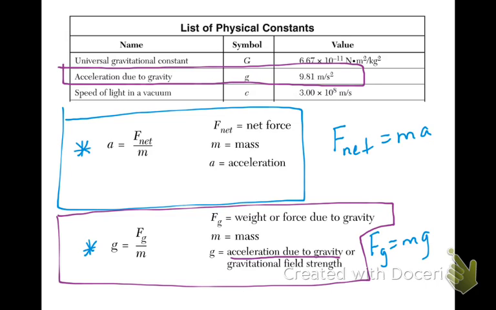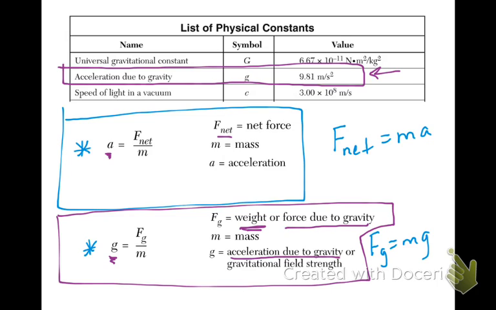That's our acceleration. So g and a are both accelerations. The only difference is that your acceleration due to gravity on Earth is a constant, found right on the front of your reference table. Fg, instead of being net force, is now our weight force, or our force due to gravity.